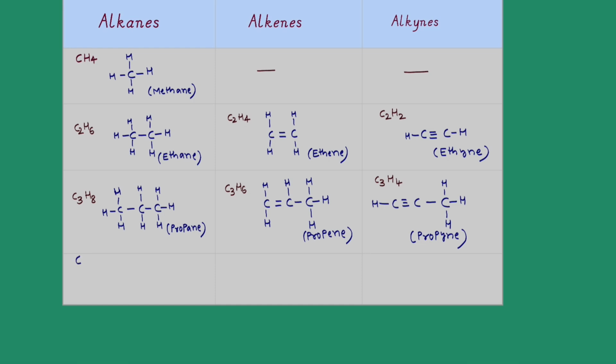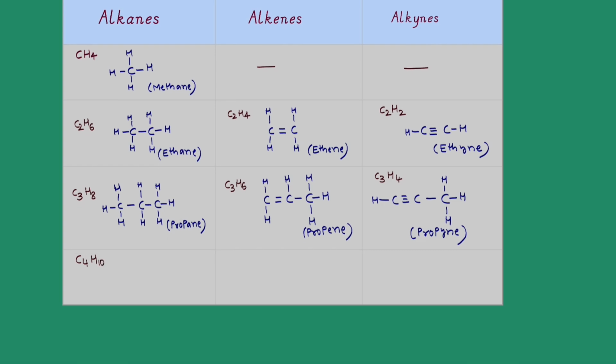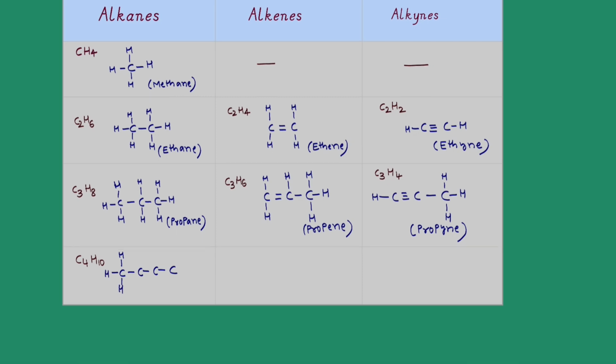Butane, C4, H8 plus 2, 10. So there should be four carbons, 1, 2, 3, 4. On the first carbon we can draw three hydrogens, 1, 2, 3. On the second carbon we can draw only two hydrogens.